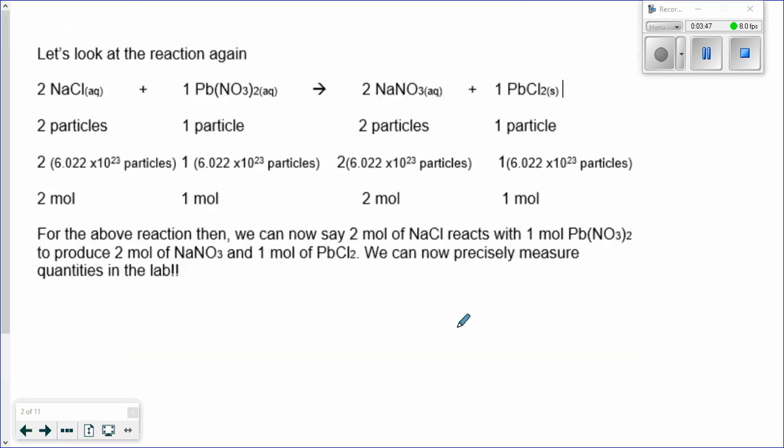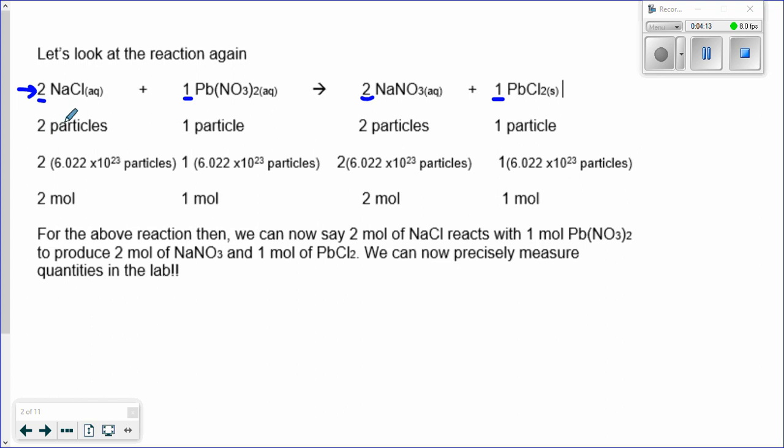So if we look at that reaction again, this is that same reaction that we had above. Our balancing is important here. If you can't write a balanced equation, these questions will be tough. So 2 sodium chloride plus 1 lead 2 nitrate produces 2 sodium nitrate plus 1 lead 2 chloride.